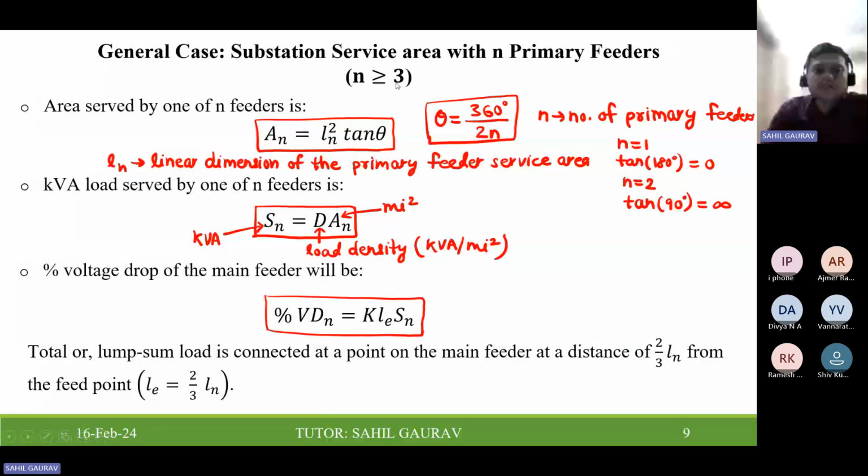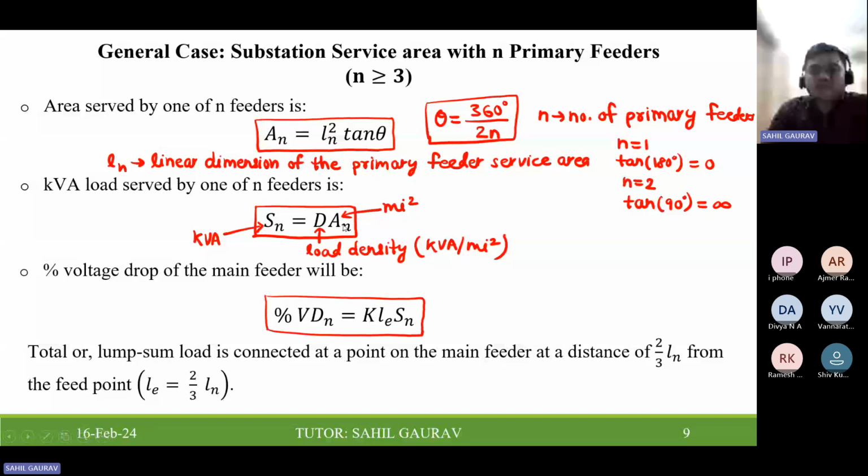Now the kVA load served by one of the feeders we denote as SN, and N denotes here the number of primary feeders. SN equal to D into AN, and AN denotes the area served by one of the feeders, and D is load density. Load density is kVA per mile square or kVA per kilometer square based on the unit of length for the primary feeder.